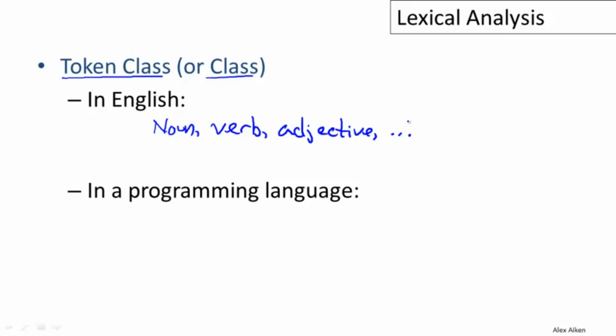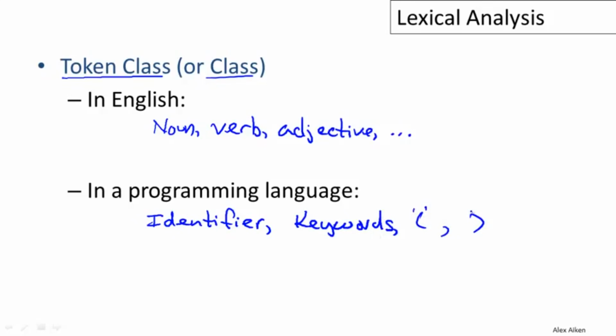Okay, and there are many more, or at least there are some more. And in a programming language, the token classes would be things like identifiers, keywords, and then individual pieces of syntax like an open paren or a closed paren. Those would be classes by themselves.